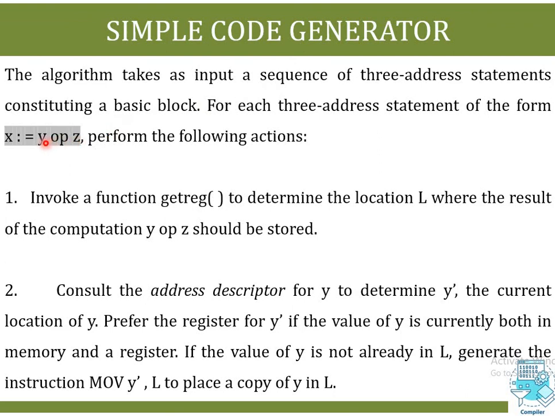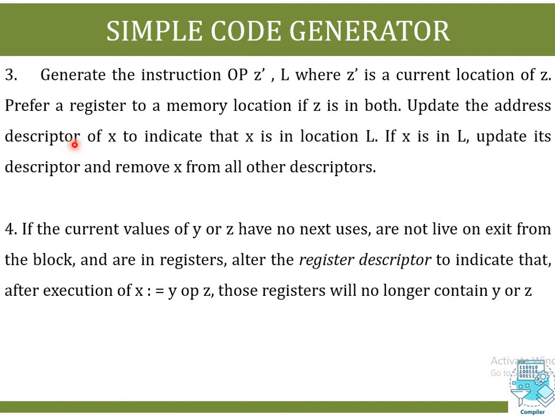The first operand is y, which we already moved to a register. Once you perform this operation, the operation will be performed on these two operands, and the result will be stored in L.